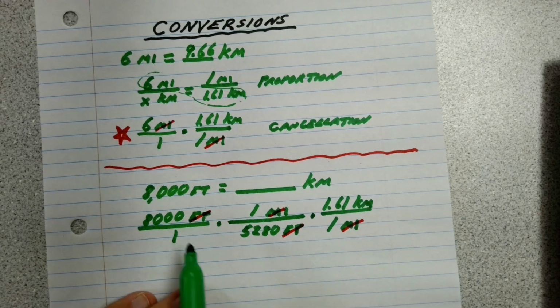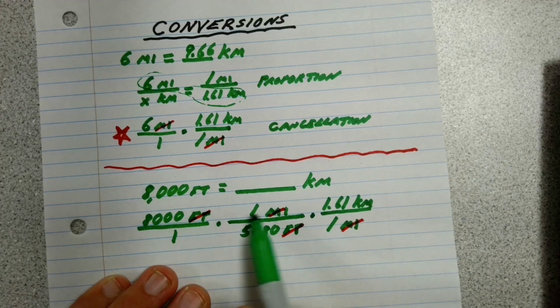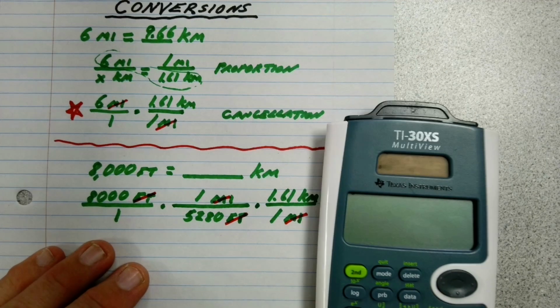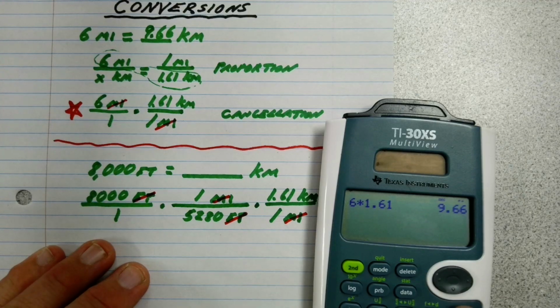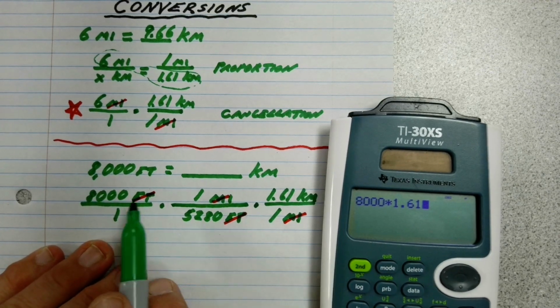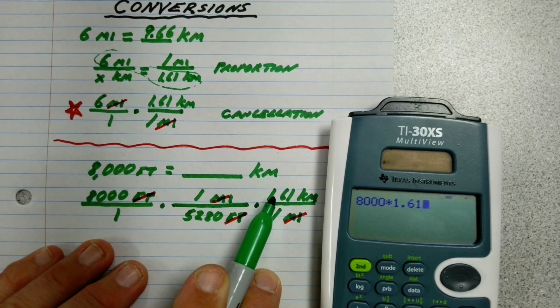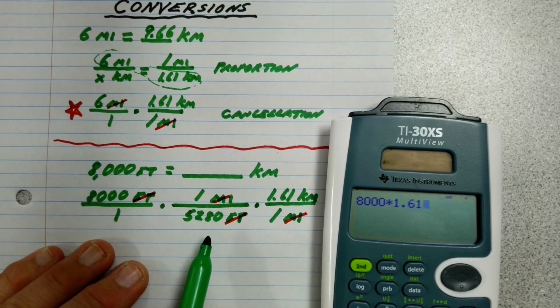So what we're going to do is multiply. What I would do is multiply all the numerators first. On a calculator, if you take your 8,000 times 1.61, that's the product of the numerators. But I've got a 5,280 in the denominator.